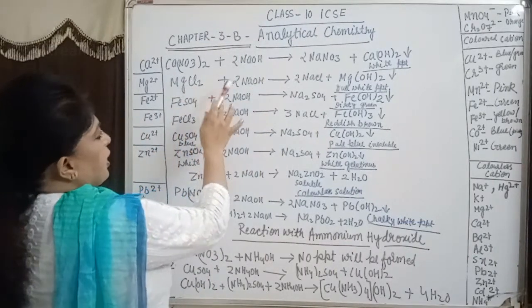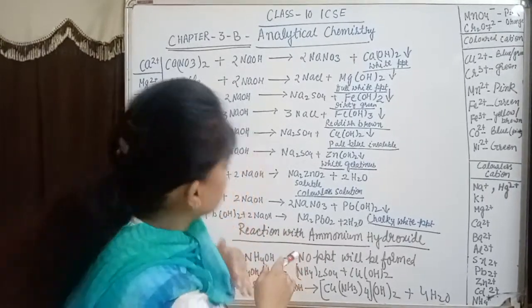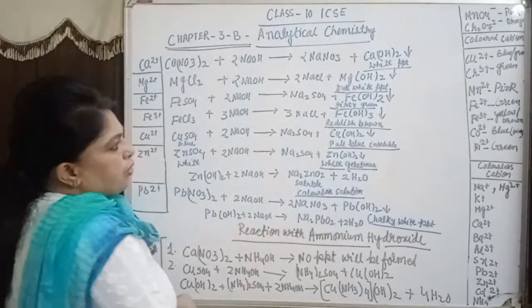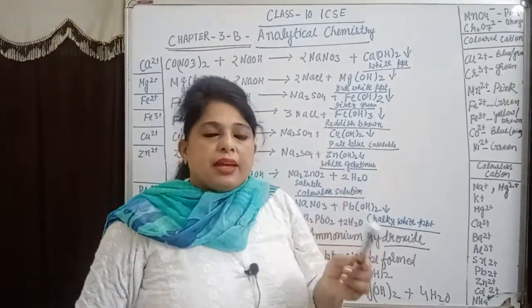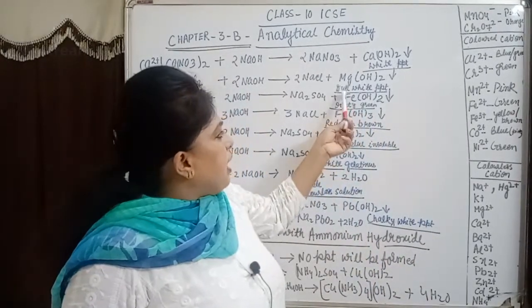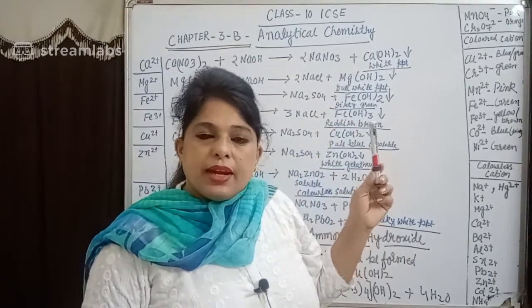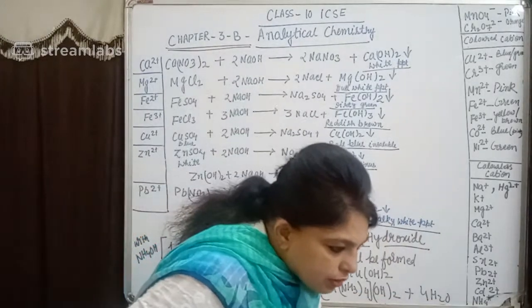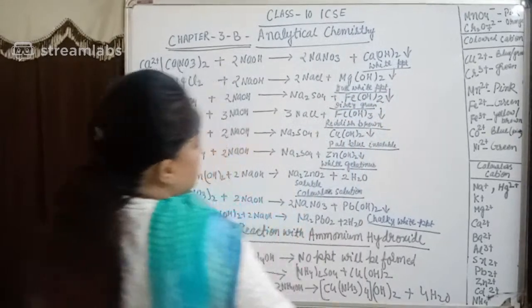Now you can see here again double decomposition reaction is going to take place, right? So which precipitate are we going to get? Obviously magnesium hydroxide. We know that magnesium hydroxide is an insoluble base. What will be the color of the precipitate? We are going to get dull white precipitate of magnesium hydroxide, right? Understood? So magnesium hydroxide, dull white precipitate.